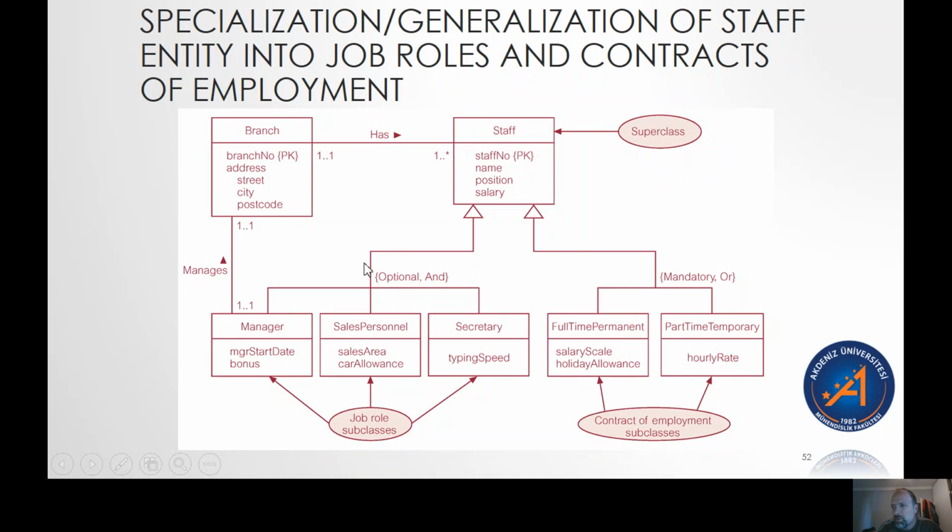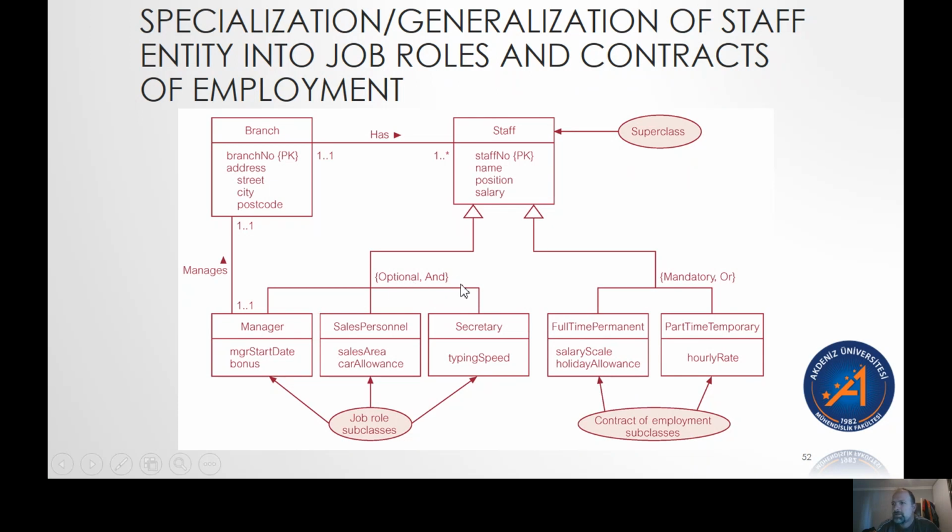If we do it this way, with this specialization where a manager type of staff is the only thing that can manage a branch, wow, we've been able to remove some of that confusion of the double relationship. This will also make our database design much easier and much cleaner when we get there. This is a nice extra feature.